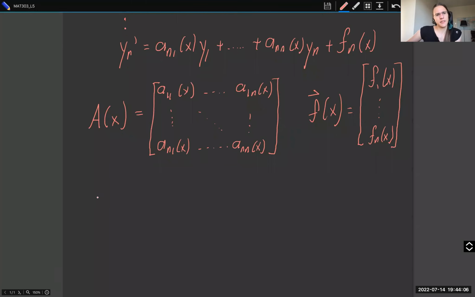Then y in vector form is the unknown vector valued function that we want.